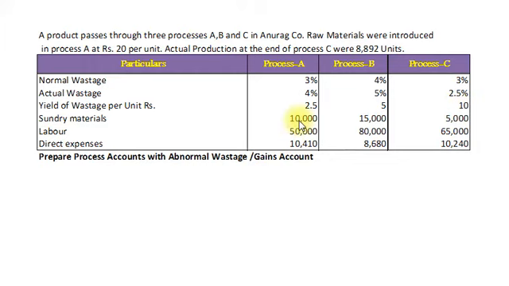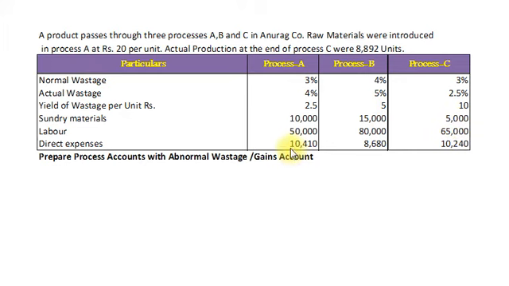Sundry materials process A 10,000, B 15,000, C 5,000. Labor charges process A 50,000, process B 80,000, process C 65,000.